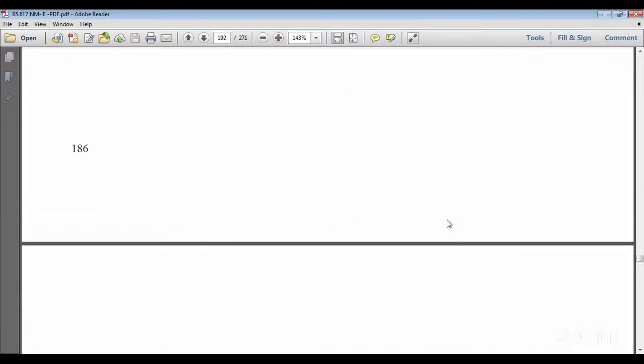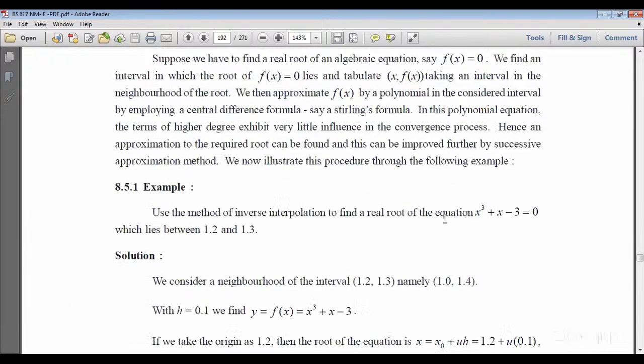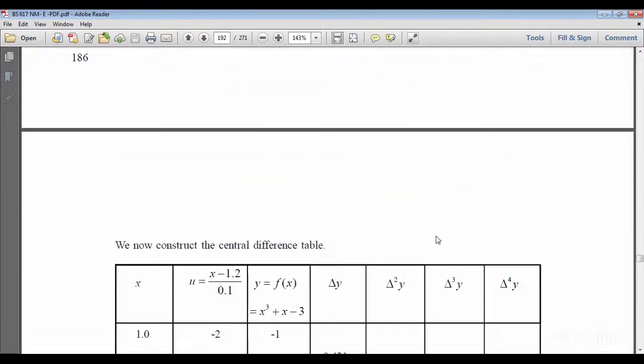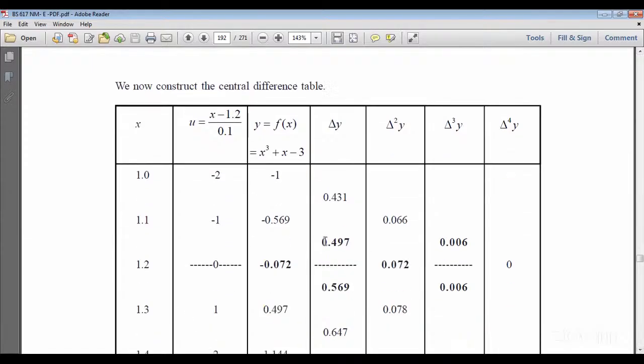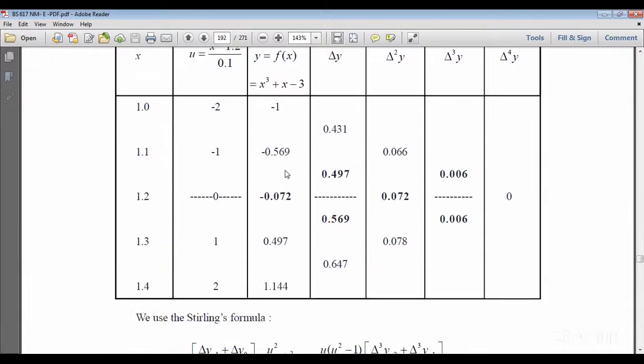So what are the values here? We take the values 1, 1, 1, minus 1, minus 2. For x cube, we have to substitute in this value. So the output values came here: minus 1, 0.569, and 0.072, 0.187, 144.